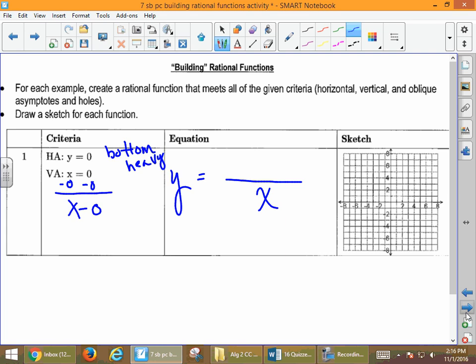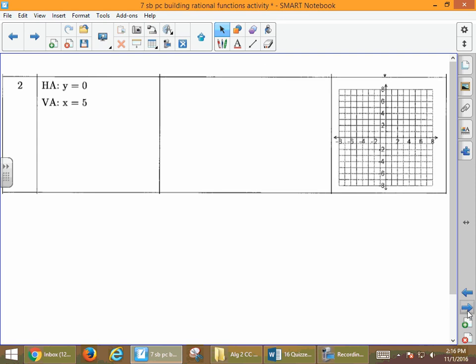And since this is x to the first power, I would just put a 1. It can be any number that you want to put in there, but its degree needs to be less than the degree of x to the first. So take a look at problem number 2, and see if you can do that one on your own very quickly, because I really do need to make sure to get to 8 and 9.